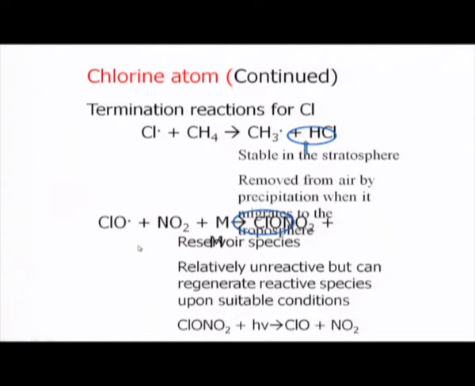And similarly, the chlorine oxide may also react with the NO2 and form chlorine nitrate. This also generates ClO species, and the moment it is exposed to UV light, it will generate ClO and nitrate, and that will also destroy ozone. These chlorine radical species formed can be terminated and bring a halt to this ozone layer depletion.